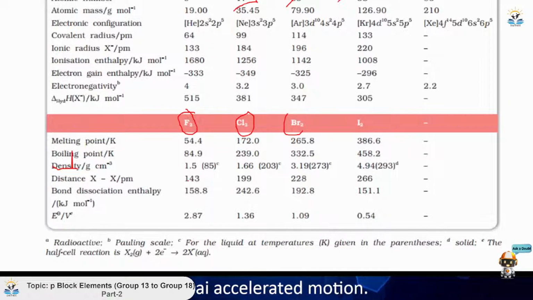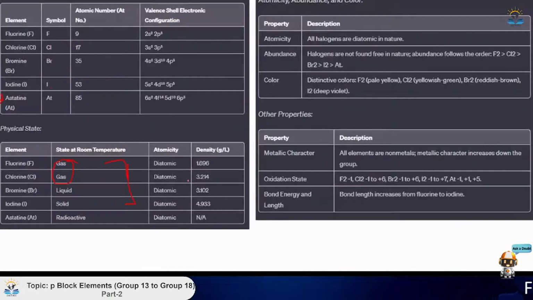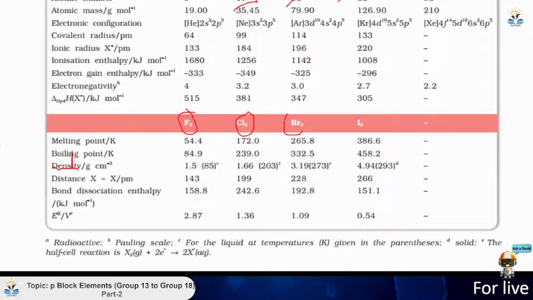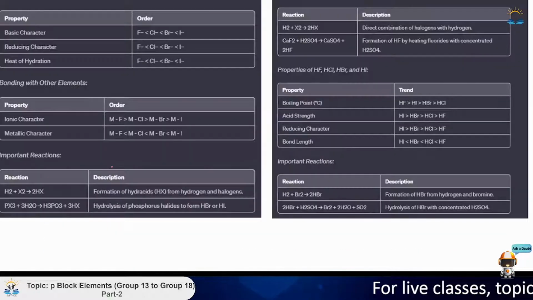It should actually decrease, but fluorine, because of its extremely small size, causes a bit of anomalous behavior. But that is the whole story, summarized over here, as it is discussed in the NCERT.